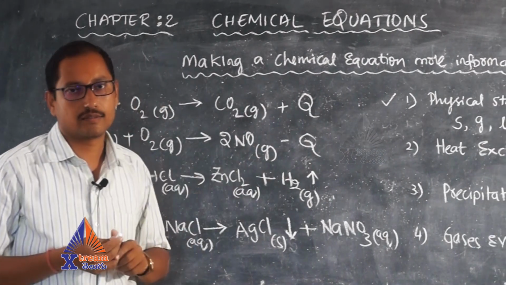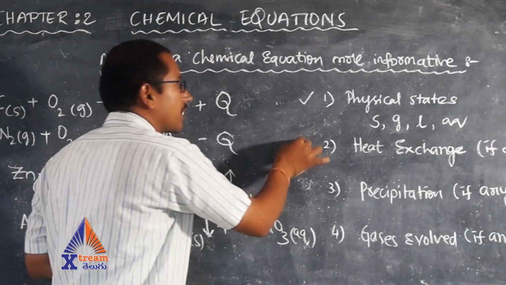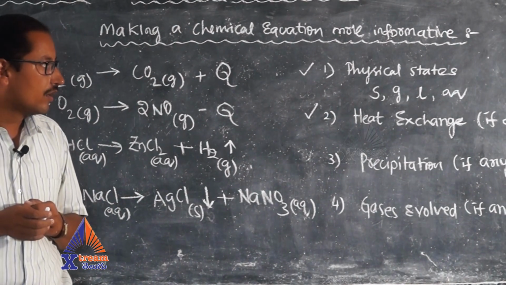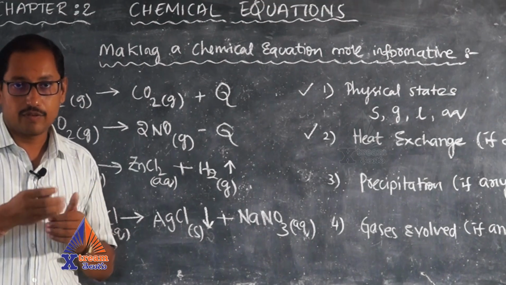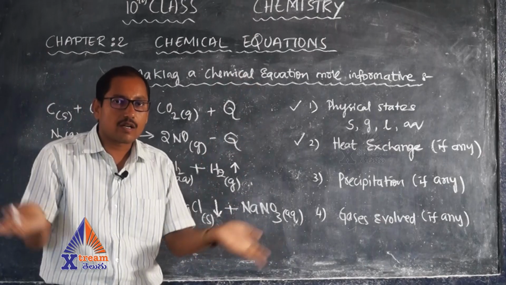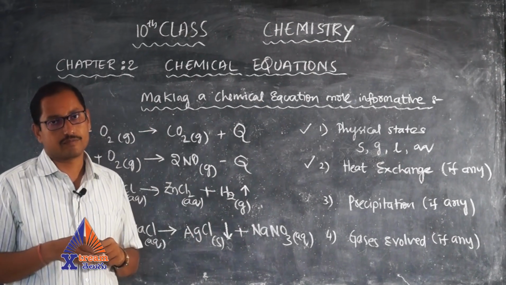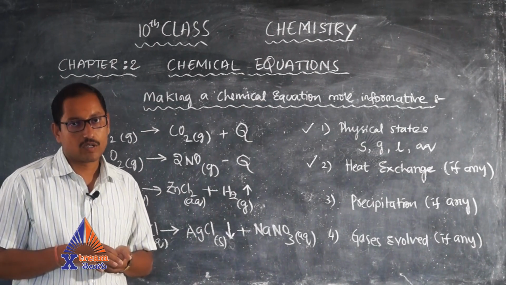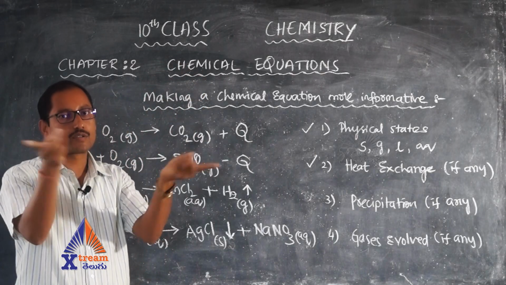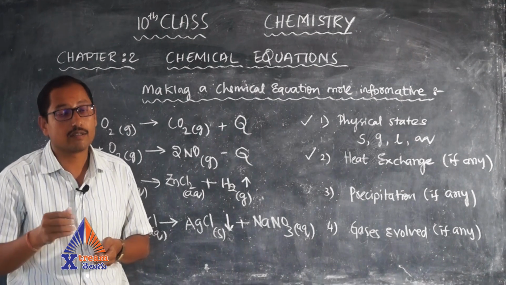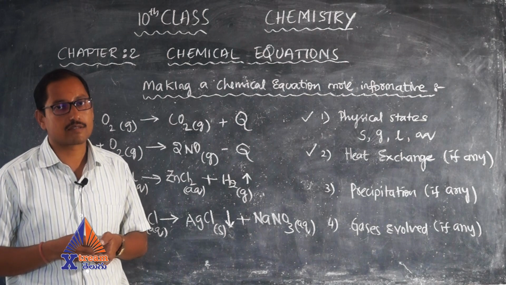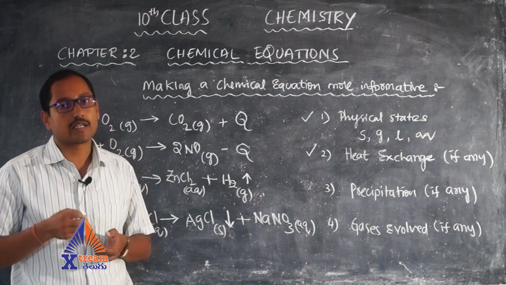Let us understand the meaning of the second point, heat exchange. If at all any exchange of heat takes place, the meaning is: during the chemical reaction, if it is absorbing heat from the surroundings, making the surroundings cooler, then such a chemical reaction is called an endothermic chemical reaction.